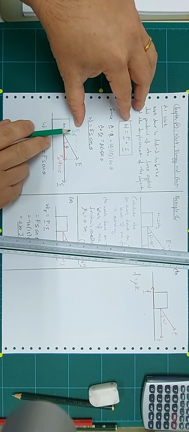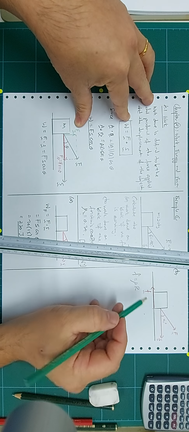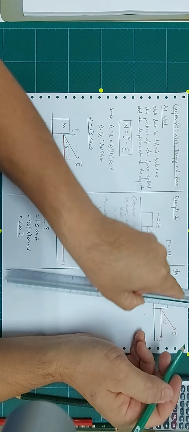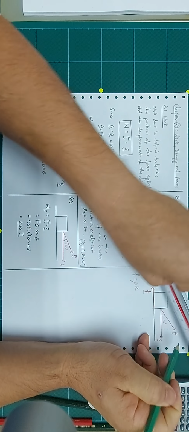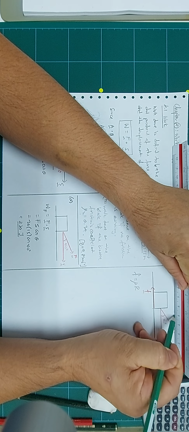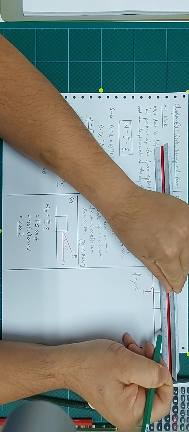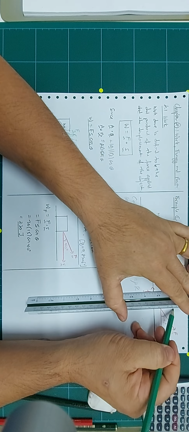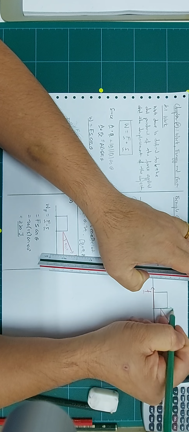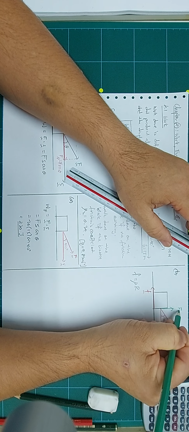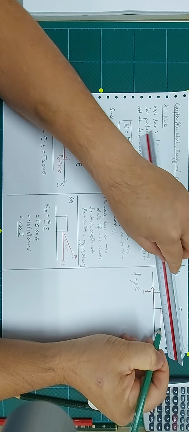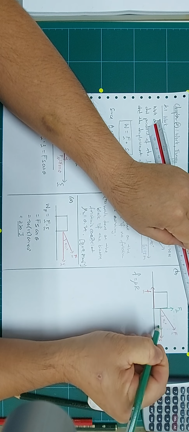This F perpendicular is only important when there is friction. So we're going to split this into two components, one horizontal and one vertical. We only look at the vertical part, because it will influence our friction. So this is F perpendicular, and this one here is the F parallel.